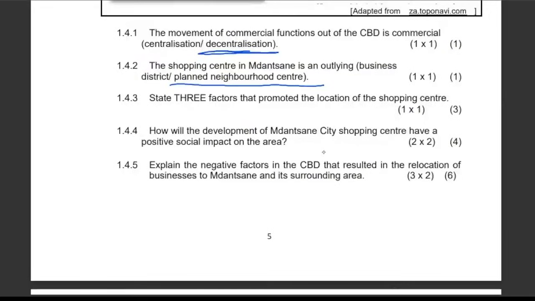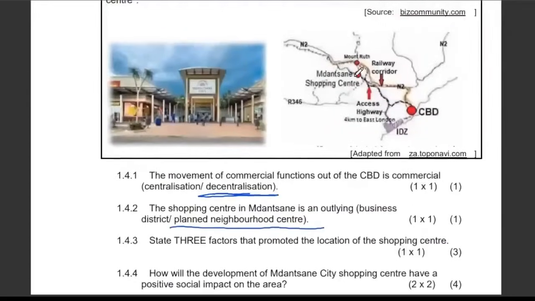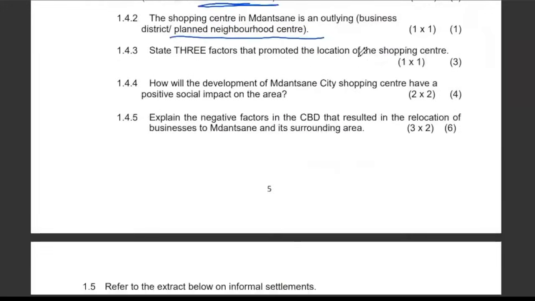State 3 factors that promoted the location of the shopping center. What are the factors that favor the location of the center? If you see where it is located on the map, the shopping center is located here. We have the national route N2, and also the route R346. Around it, we can identify the factors that favor the location of that particular shopping center.